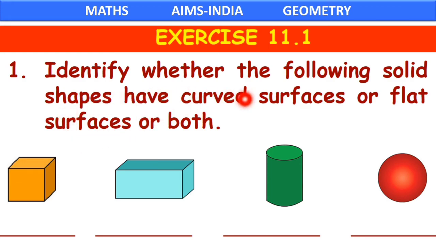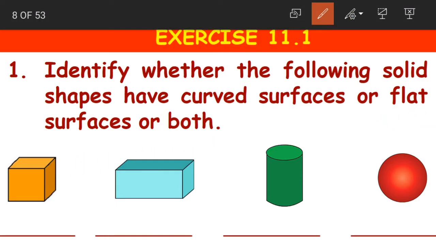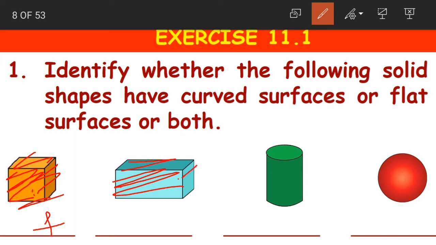Now coming to the exercise, identify whether the following solid shapes have curved surfaces or flat surfaces or both. Solid figure 1 is a cube. As we can see, all are flat surfaces, so I am writing F. Now coming to the cuboid, all the sides have flat surfaces, so it is a flat surfaced figure.